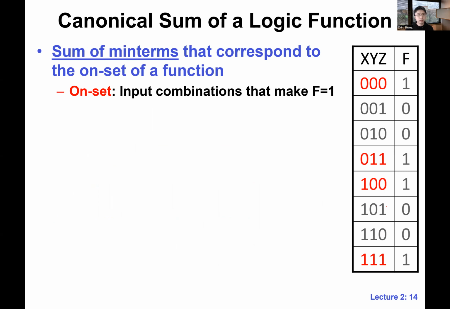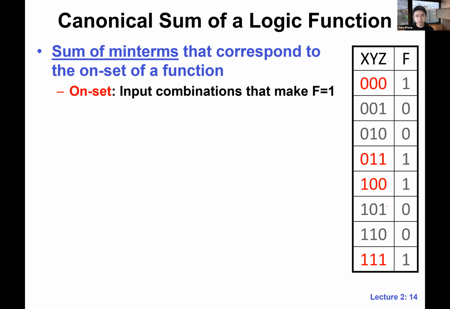All right, so let's first look at canonical sum. It's also called canonical sum of products, or canonical SOP. It's really a sum of minterms. So this is one way that we can represent the Boolean function in a canonical way. The way we do it is we look at the onset, the one in red. The onset means the input combinations that make F a 1.